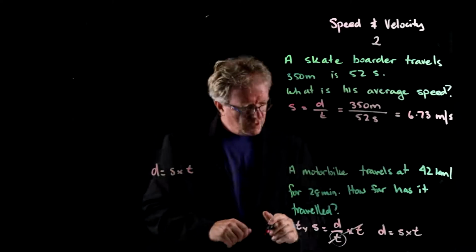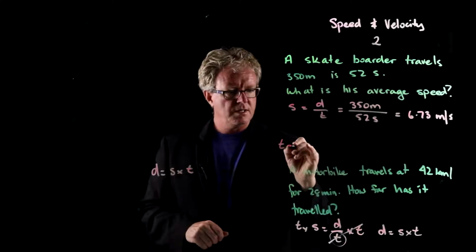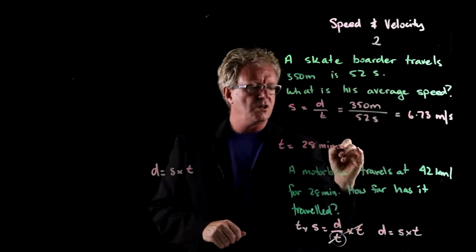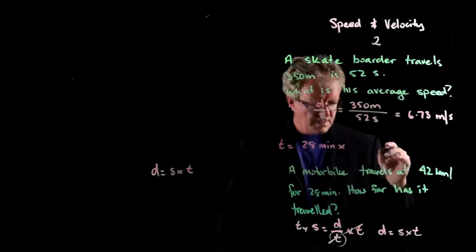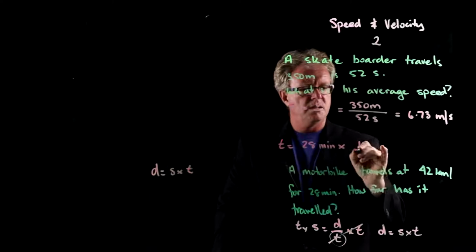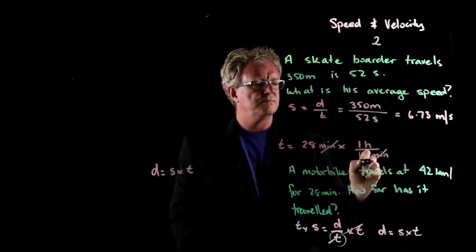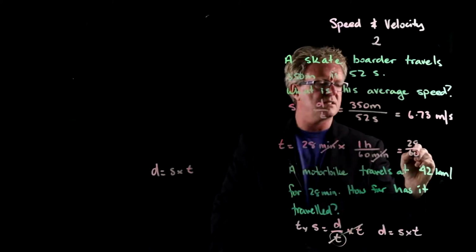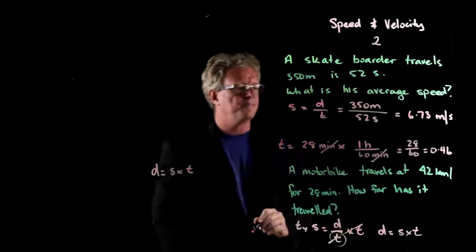Okay, so time is 28 minutes times, and what we're going to be looking at here is 1 hour has 60 minutes in it. So the minutes cancel, and that's basically saying 28 divided by 60, and that will give us 0.46 of an hour.